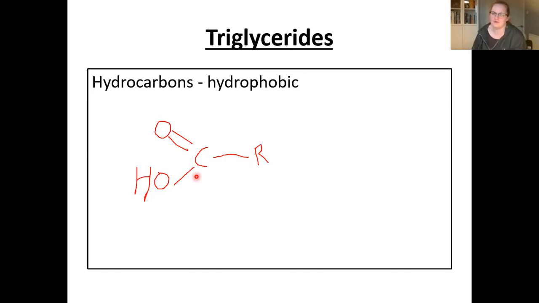They are hydrophobic. Hydro meaning water, phobic meaning scared of. If you don't like water, you can have hydrophilic, which means water loving. The hydrophobic molecules are what makes them insoluble. They do not like water.